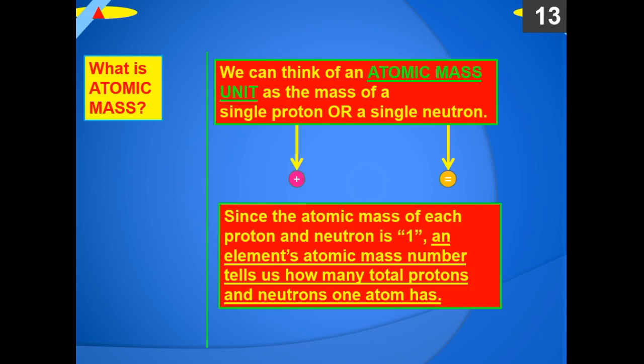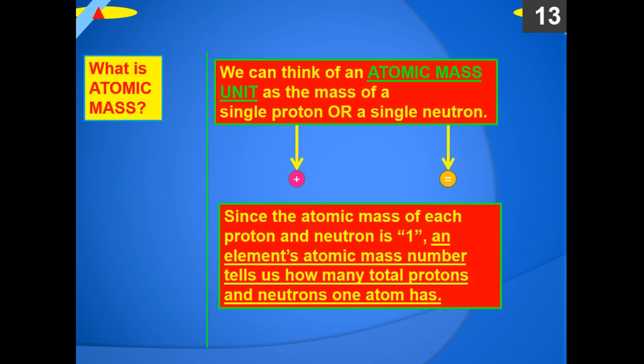Now, since the atomic mass of each proton and neutron is 1, an element's atomic mass number tells us how many total protons and neutrons one atom has. Think about that for a second. If carbon has 6 protons and 6 neutrons, that's a total of 12 protons and neutrons. That means it has an atomic mass of 12 because each of those protons and each of those neutrons has an atomic mass of 1.